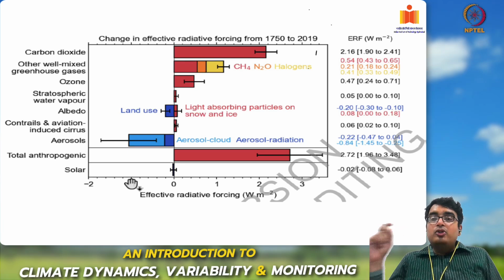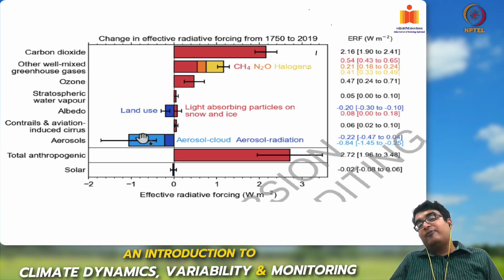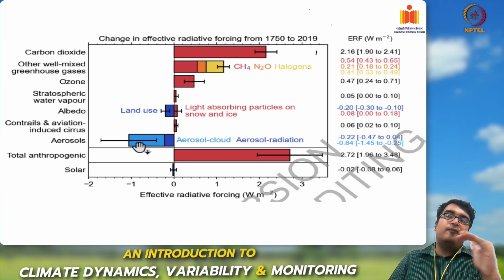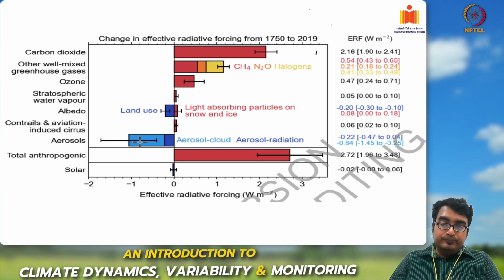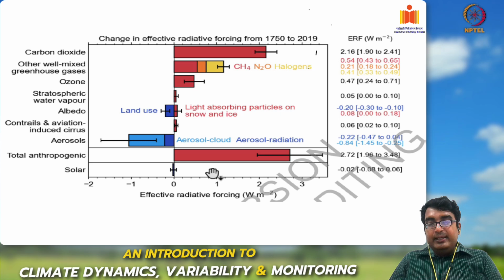Okay. So, while the CO2, methane, N2O, halogens and the depletion in ozone layer have caused a positive radiative forcing, land use changes and aerosol emissions have caused a negative radiative forcing of around -1.2. So, the total effect of anthropogenic perturbations has caused currently a radiative forcing of around 2.8 watt per meter square.